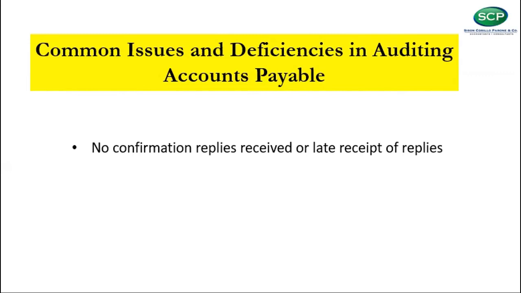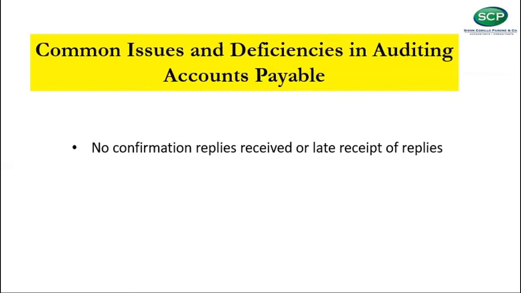Accordingly, auditors are compelled to perform alternative procedures such as examining subsequent payments and vendor invoices and billing statements while waiting for the confirmation replies, if any, to come in. So, hindi naman natin pwede kasi na hintayin talaga yung confirmation reply kasi meron tayong timetable sa pag-audit.